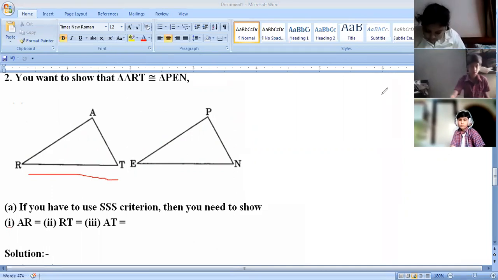Ma'am, RT is equal to AT. No. RT side will be equal to which side? Check it carefully, beta.